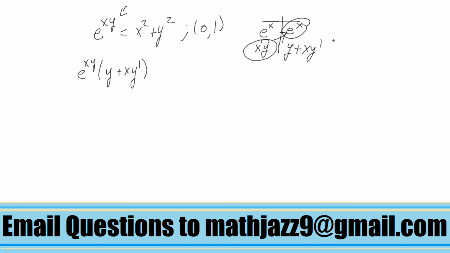We get e to the xy. And then we multiply by this, giving us y plus xy prime. So, exactly what I said it would be. That's the left side of the equation, taking the derivative of it. And then the right side is 2x plus 2y y prime.